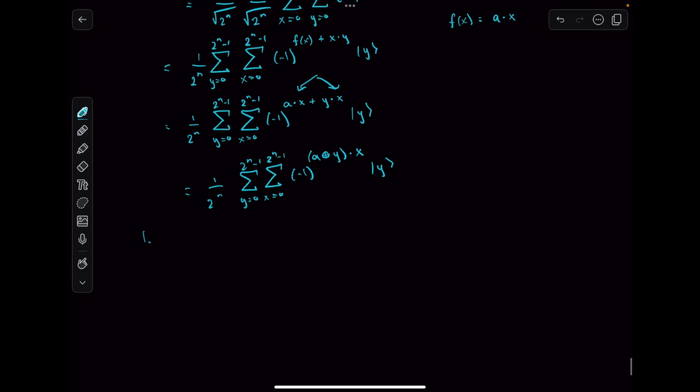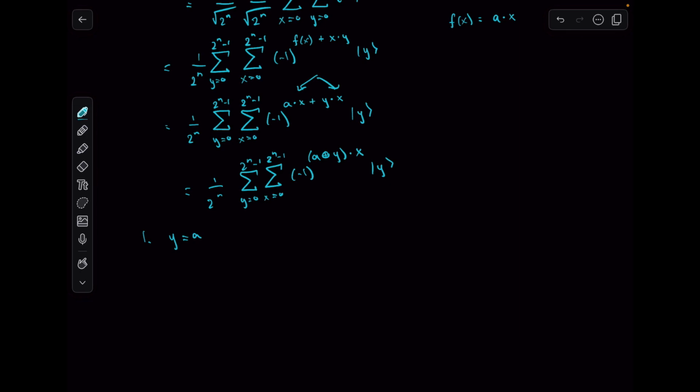The first one is when y is equal to a. So this corresponds to a single term in the superposition where y is actually equivalent to our hidden bit string, which will appear in our superposition if we do an equally weighted state of all the different values from 0 to 2 to the n minus 1. There will be one value where y is equal to a.